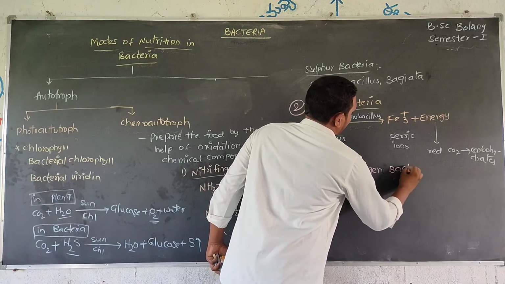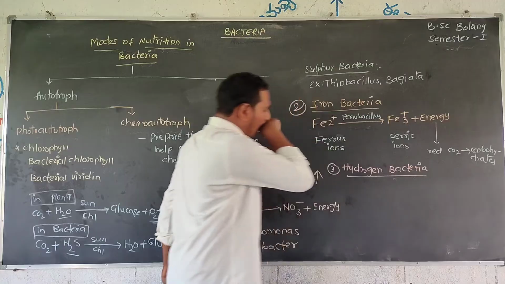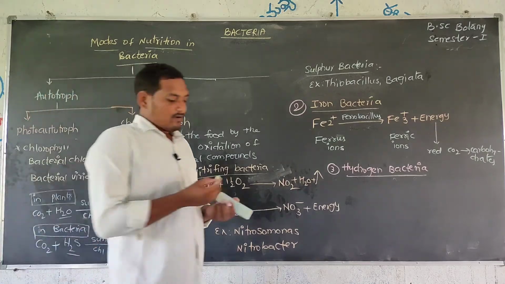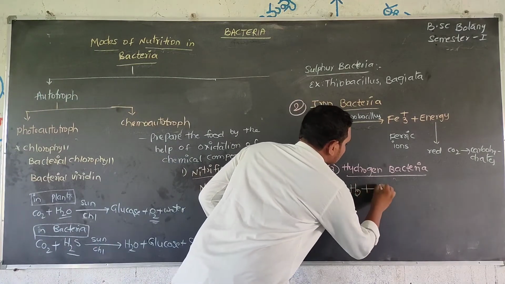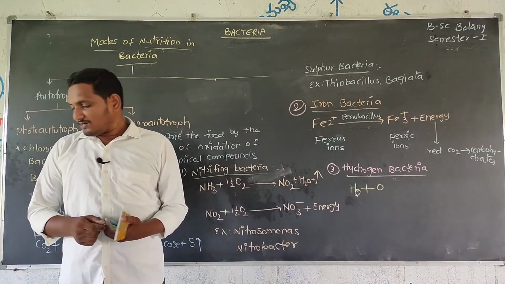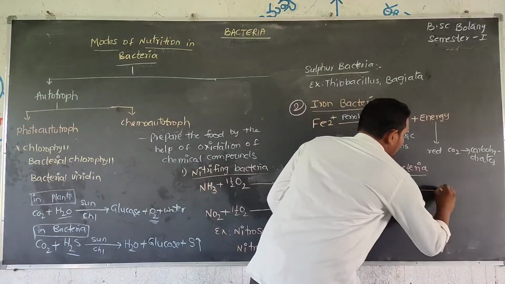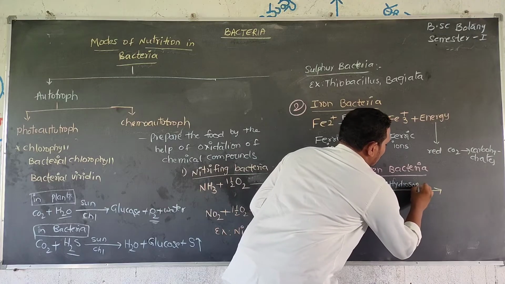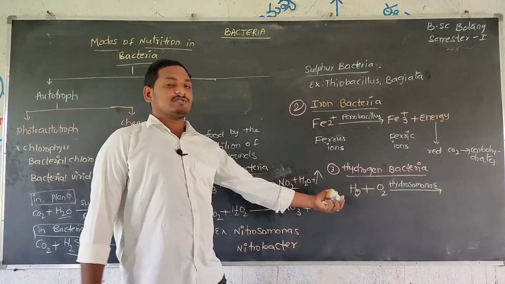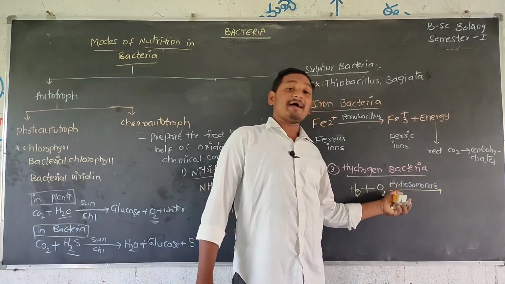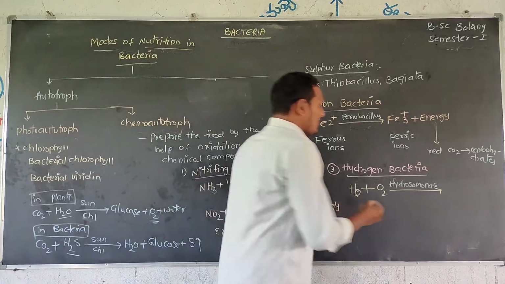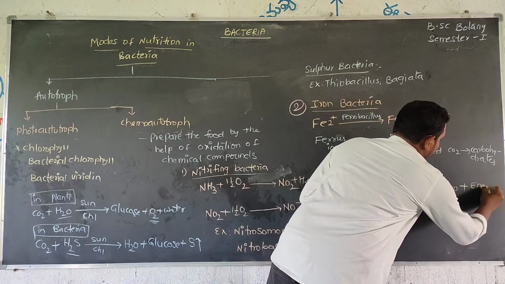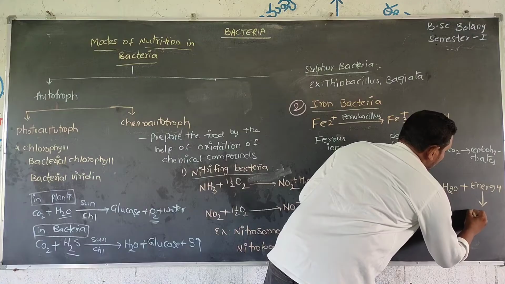Hydrogen bacteria also work the same way. Hydrogen is oxidized with oxygen in the presence of the bacteria Hydrosomonas, leading to the formation of water plus energy. This energy is used for preparation of the food.